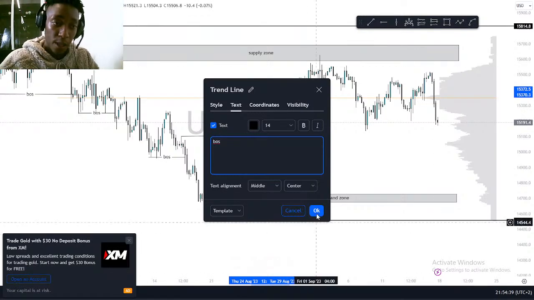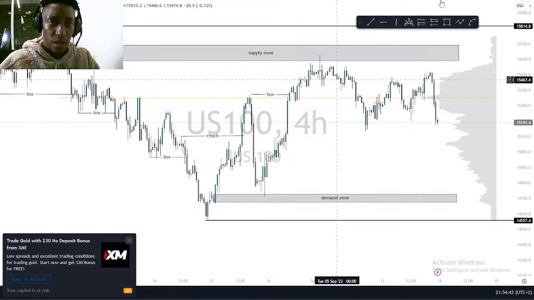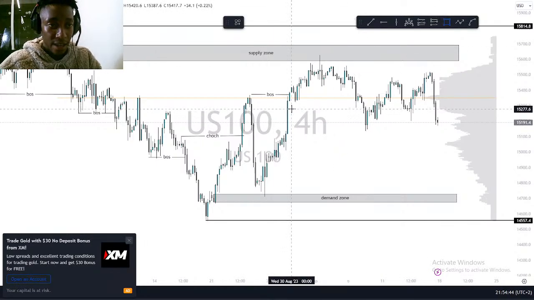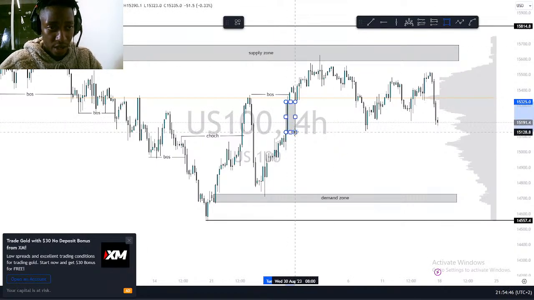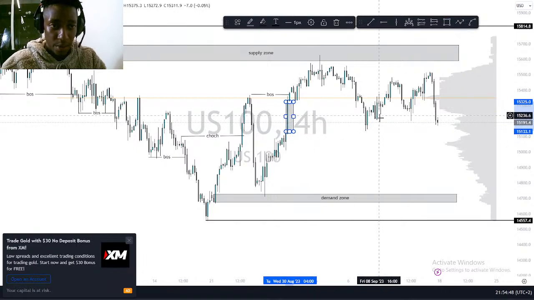You understand? So we are also witnessing a fair value gap on this long candlestick, but this gap was filled.